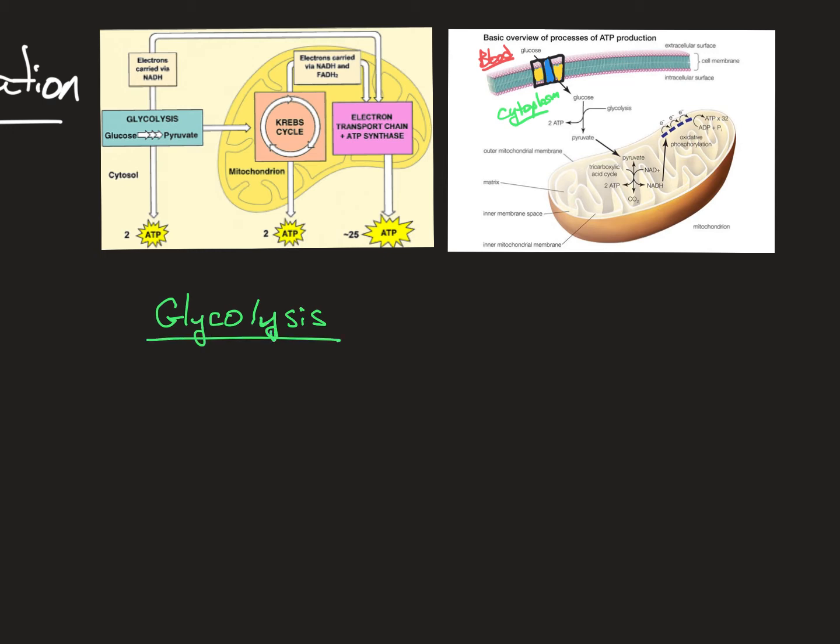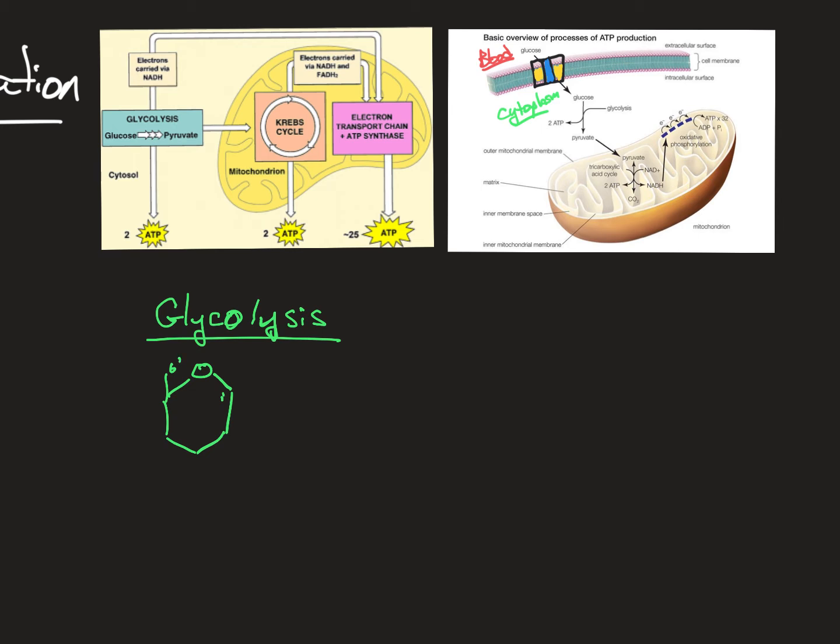Now, glycolysis has many steps. There are a lot of different changes you have to do to take this 6-carbon sugar, a sugar molecule that, again, looks something like this when it's in a ring form. Where this is your 1' and this is your 6'. You have an oxygen there.